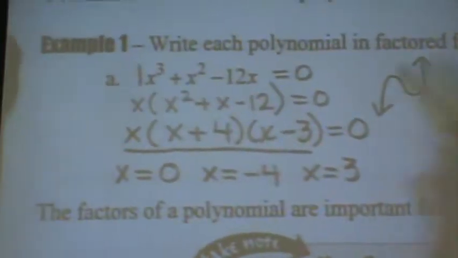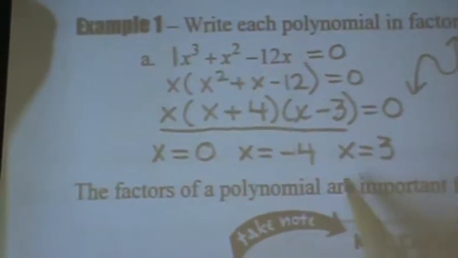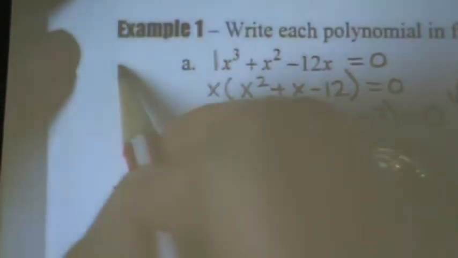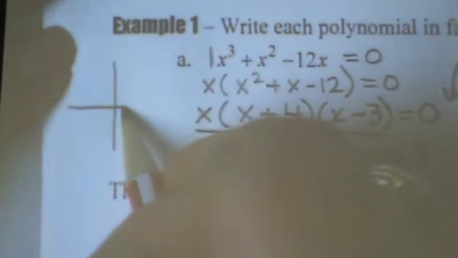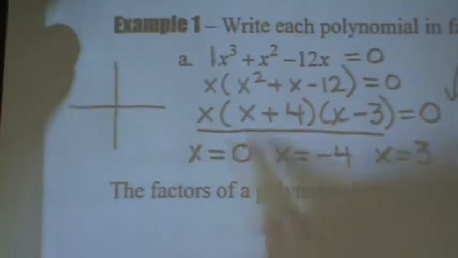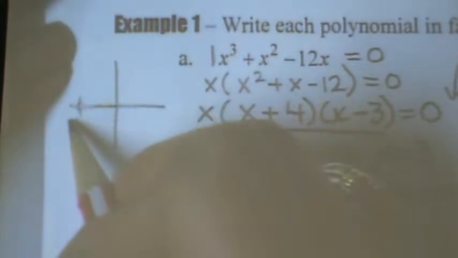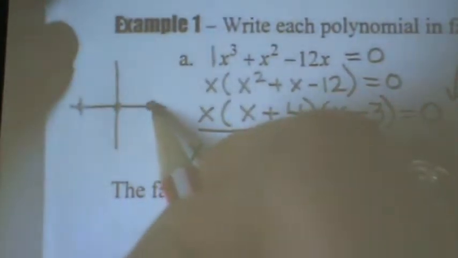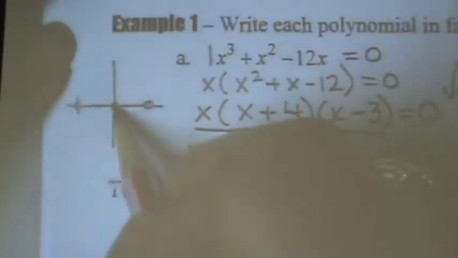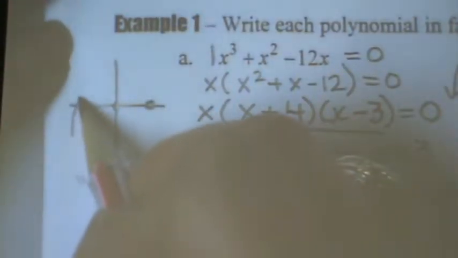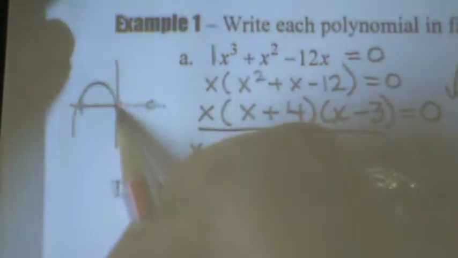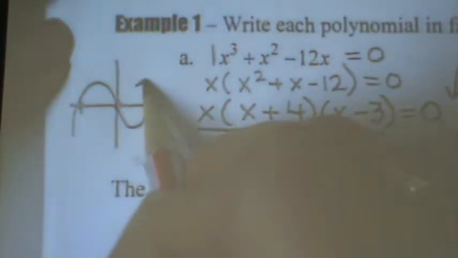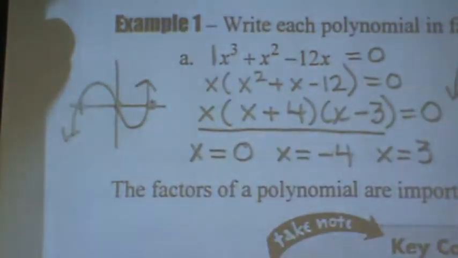This is how I'm going to analyze the graphs. If I were to sketch a graph of this, I know my zeros are negative 4, 0, and 3. My graph is going to be going through negative 4, through 0, and through 3.